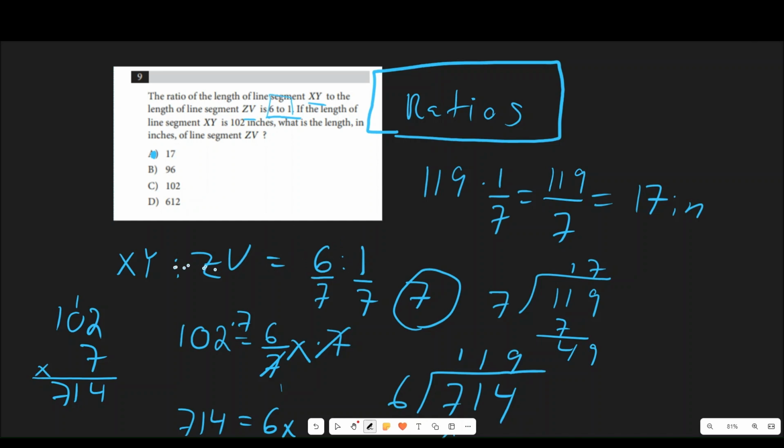So we have 6 parts to 1 part, which means there are 7 parts in total. You convert those into fractions, and then we solved for the entire total sum, the combination of both parts. Once we figured that out, we were able to figure out what one part of the whole equals, and that is what we did right here.